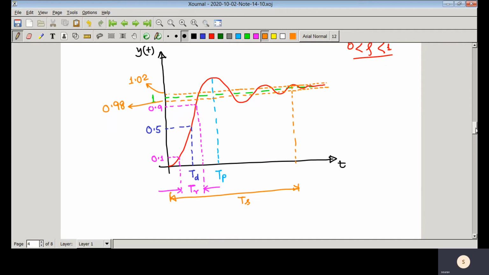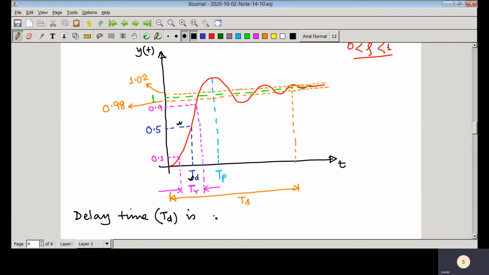So let us see what is called delay time. What is delay time? Delay time is denoted as TD. So here you can see this time is TD. That means this is the time required to reach 50% of the final value.